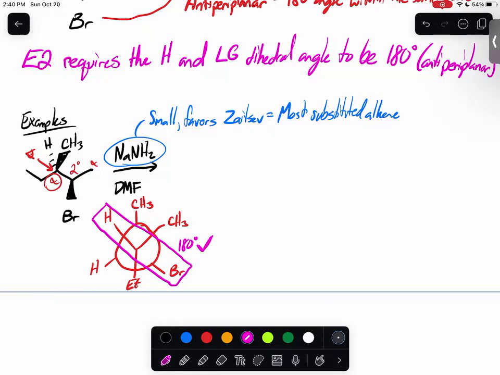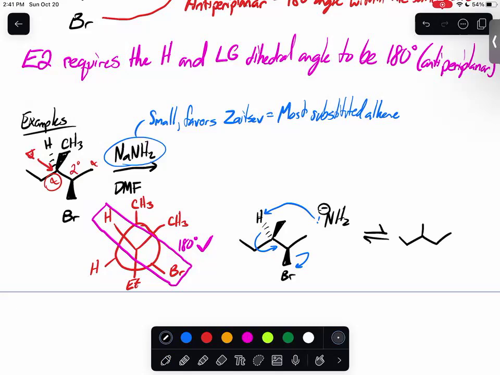So what that'll look like is we'll draw it on a molecule that is not as incredibly marked up. Our NH2 minus is going to come in and act as the base. It's going to grab that proton. We're going to form the alkene and we're going to kick out the bromine all in a single step. And that is going to generate this tri-substituted alkene.